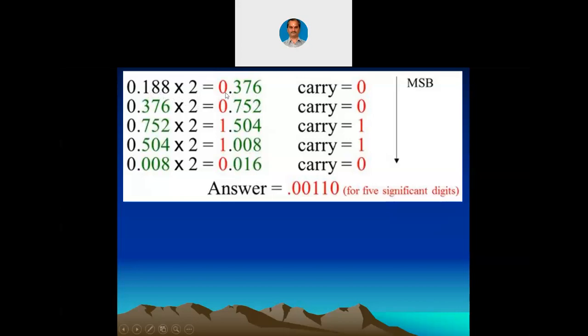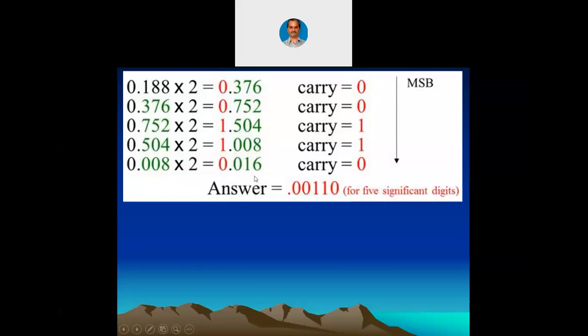Here take the integer portion, that is 0. 0.376 into 2, we get 0.752. Again the integer portion is 0. 0.752 into 2 is 1.504. We get the integer portion 1, we keep it here. Now 0.504 into 2 is 1.008. We take the integer portion 1. 0.008 into 2 is 0.016. Now here it is 0.